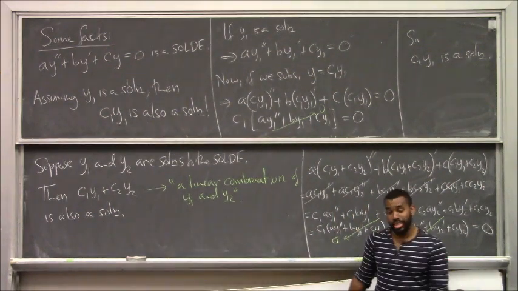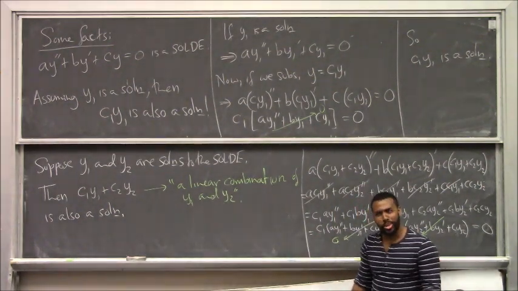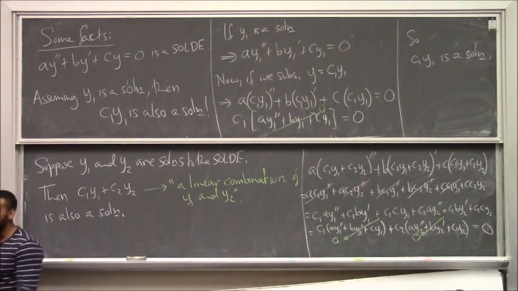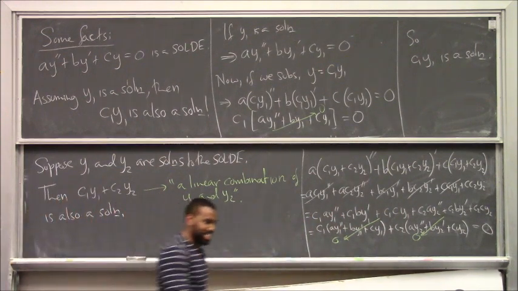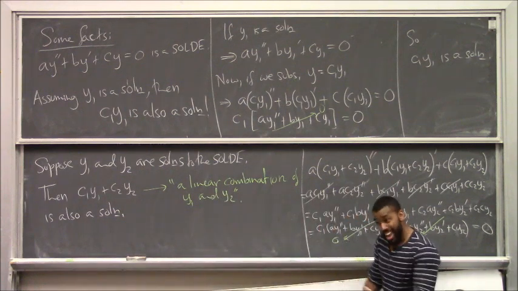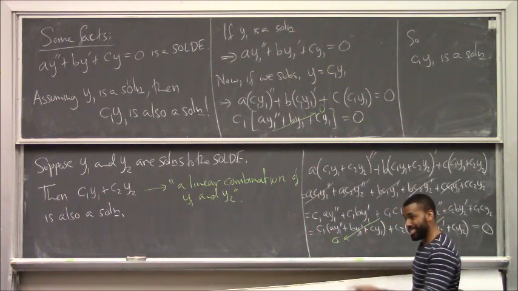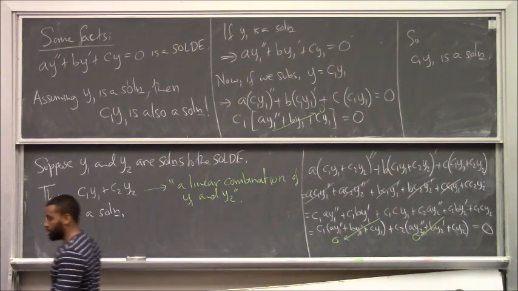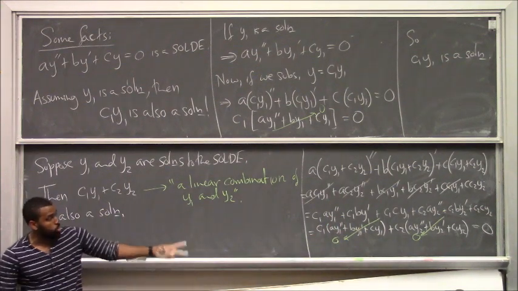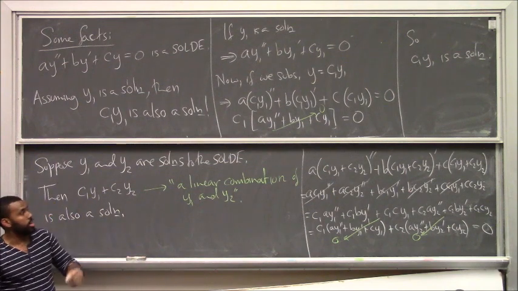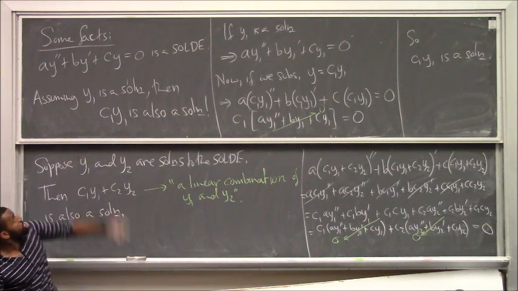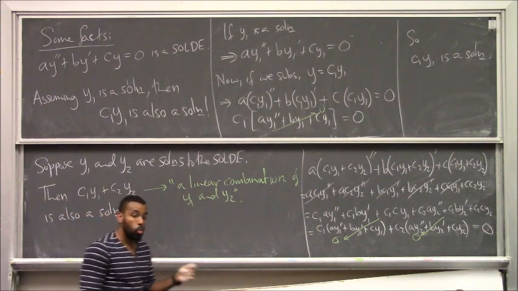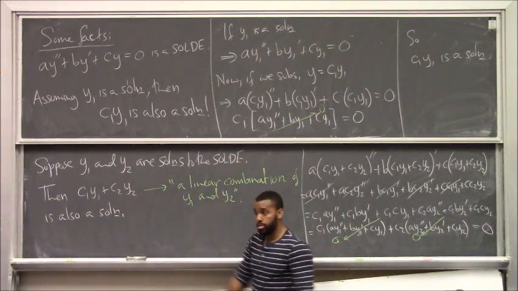Now, the obvious question is, is there a third one? Can I add a C3Y3? I'm sure you can. Does it make sense? Yes, I can, but should I? Is the ultimate question. And it turns out that the answer is no. It turns out that once you find two solutions that are linearly independent, I'll talk about that in a second, to a second order ODE, any other solution that you can conjure up will be a linear combination of the previous two.